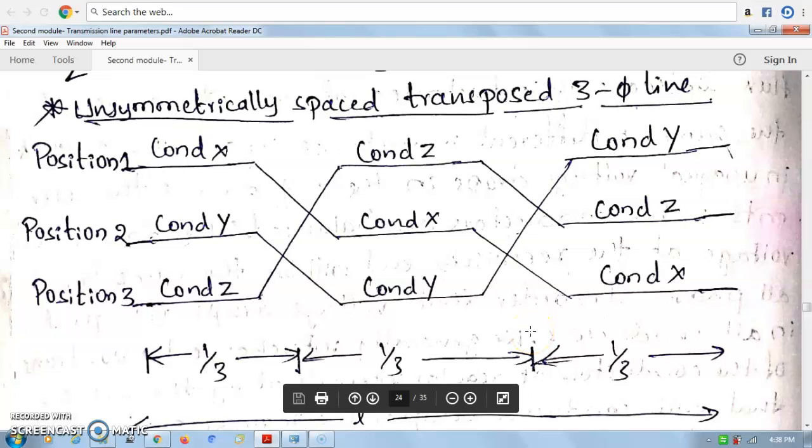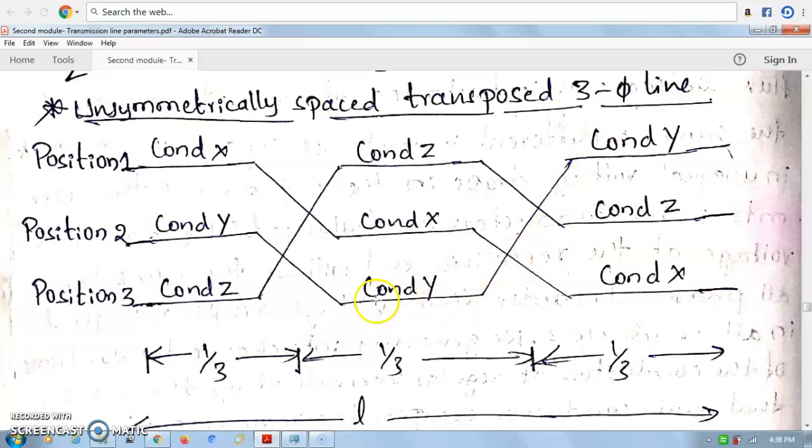So we find the flux linkage of the conductor for each position, first position, second position and third position, during the complete cycle of the transposition. Like this for the x conductor, we have to do the same for the y conductor. The y conductor is in the second position, next third position, next first position.